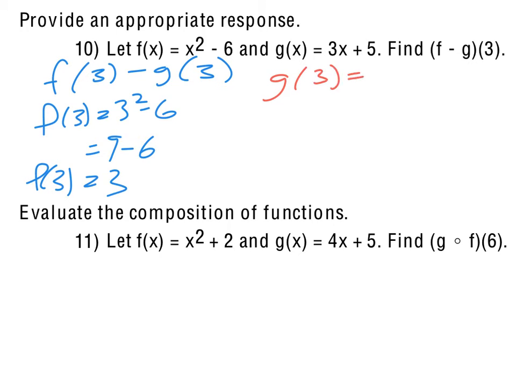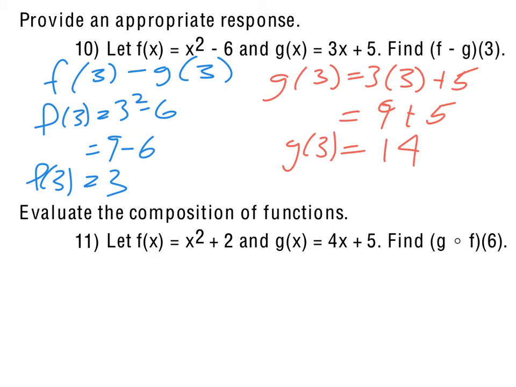So g of 3 would be 3 times 3 plus 5. So 9 plus 5. So that's 14. So g of 3 is 14. And I'm finding f of 3 minus g of 3. So that ends up being 3 minus 14. So negative 11. So that's what f minus g of 3 equals.